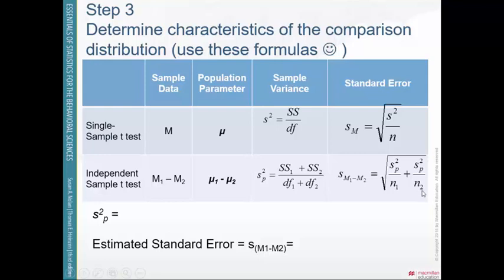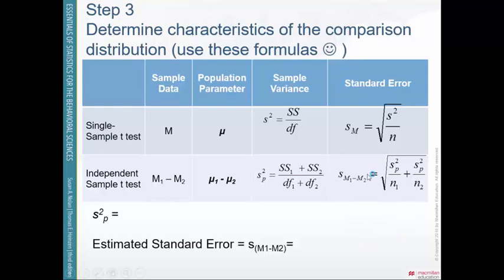And even though in this example we've got the same number of people in both groups, that isn't always the case. For an independent samples t-test, you can have a different number of participants in each sample. It doesn't matter. You could have 10 people in group 1 and 20 people in group 2. Whereas with a paired samples t-test, remember, you will always have the same number of people in both groups because everybody in the first group has to be the same as everybody in the second group.